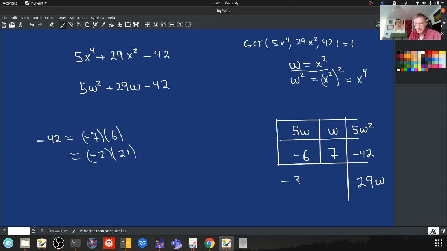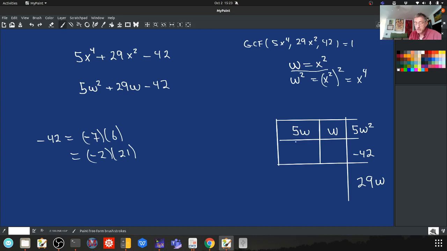That's minus 30w. Did I write everything down right? 5w squared plus 29w minus 42. Not going to work either.